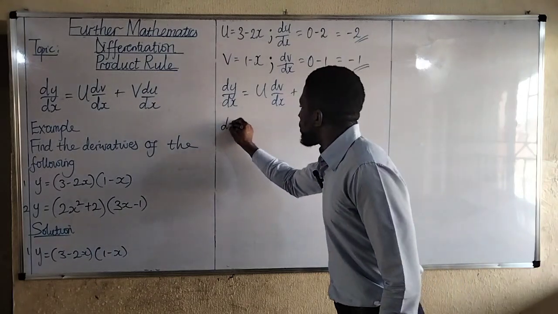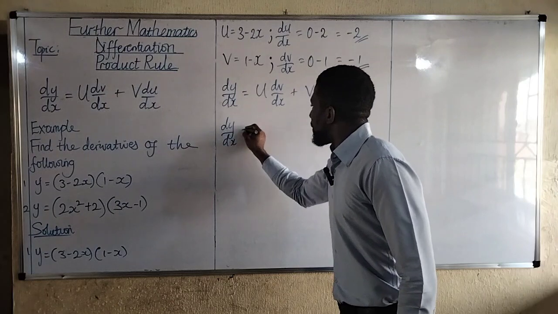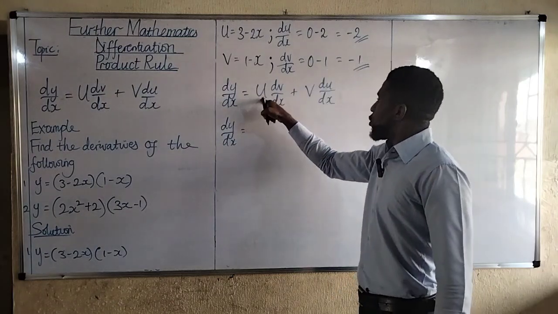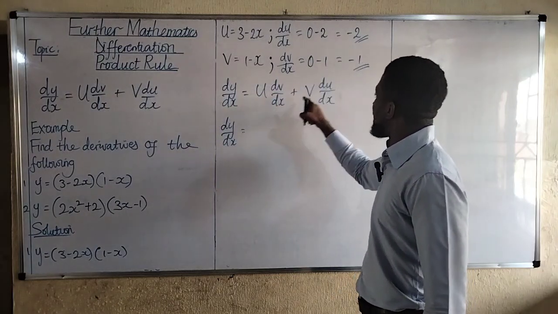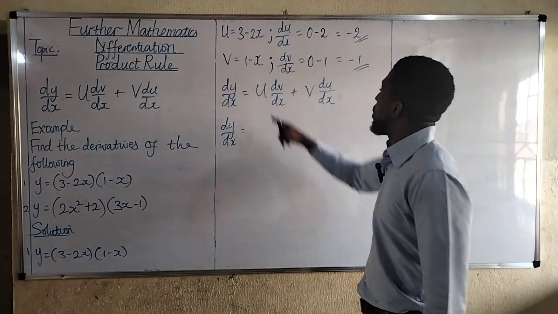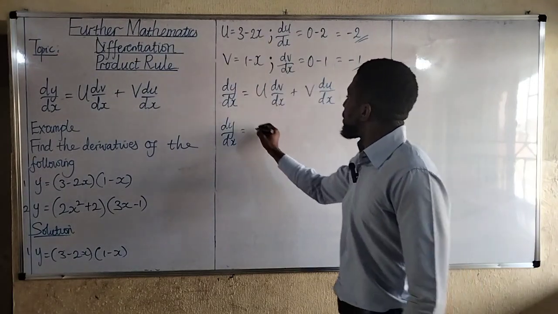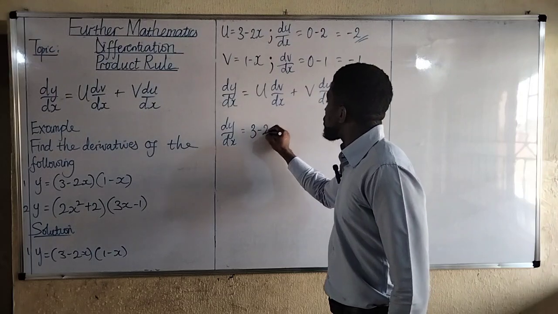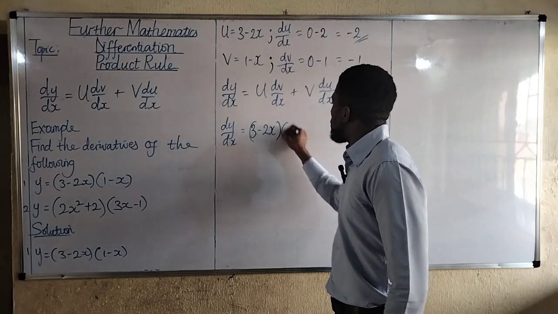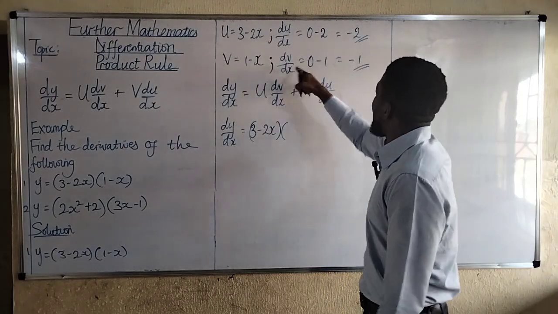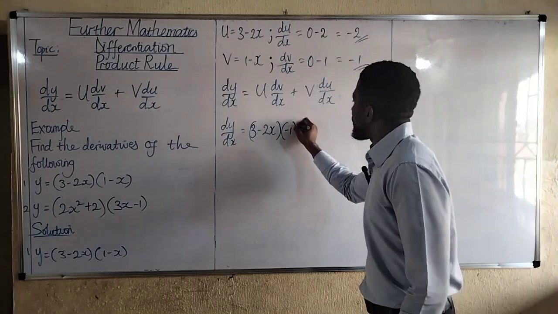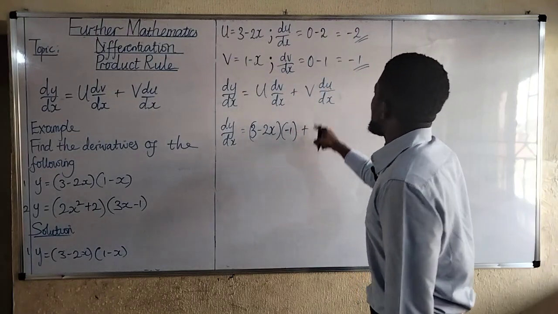Alright, so our dy over dx will be, remember that u is multiplying dv over dx and v is multiplying du over dx. So what is our u? From here we have our u as 3 minus 2x. Let us put it in bracket, being multiplied by dv over dx, which is negative 1. Put your plus sign. What's our v?